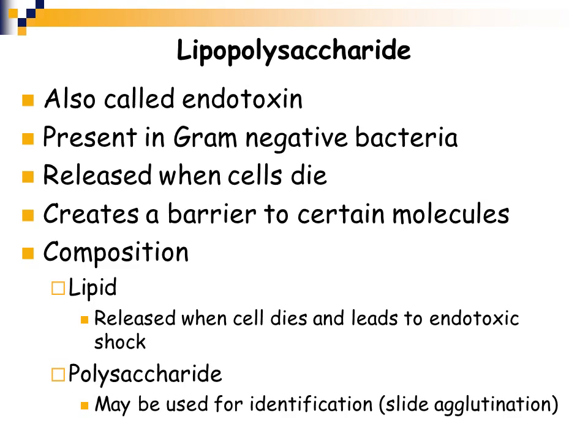So there are people that are very ill, have bacteremias, and they end up dying of endotoxic shock just because of the release of LPS from these gram-negative bacteria. So LPS is made up of lipids and polysaccharide.